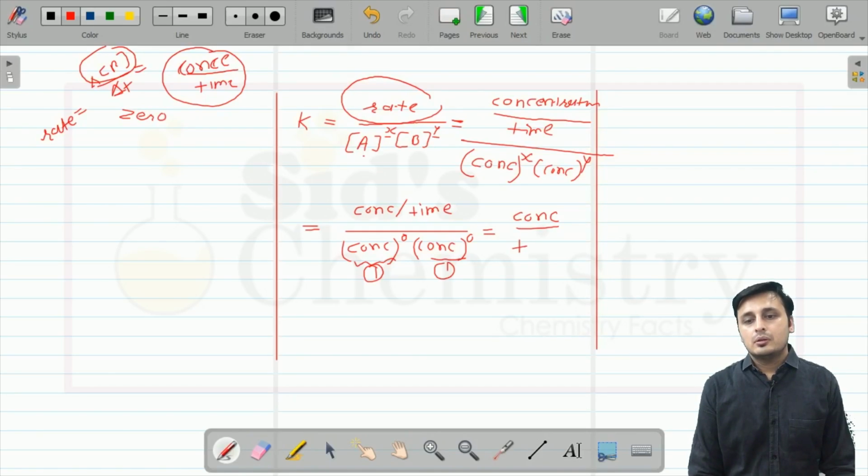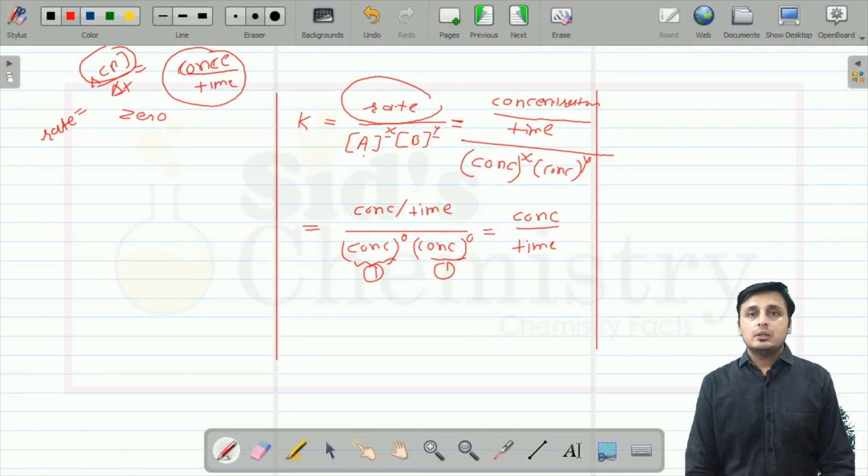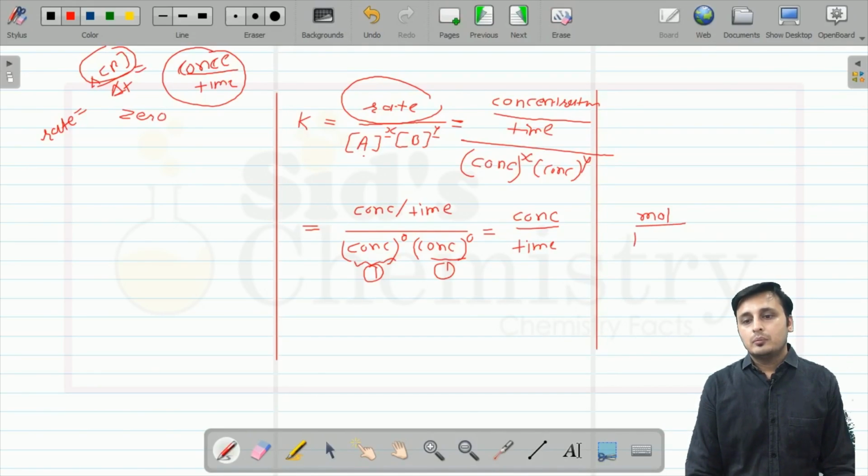Finally we end up with concentration upon time. So if we write this unit in terms of fully displayed mode, concentration we call mole per liter. So we can write the unit mole per liter, and time itself is given.